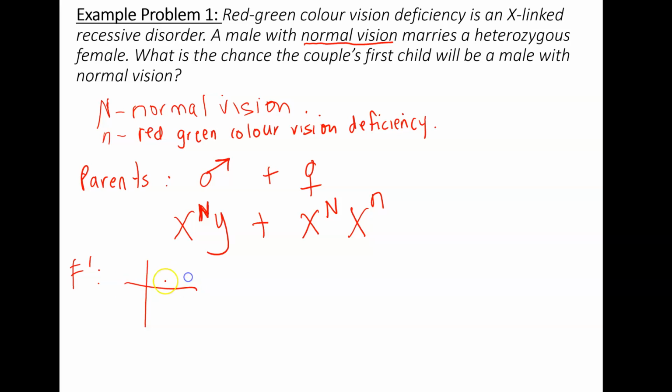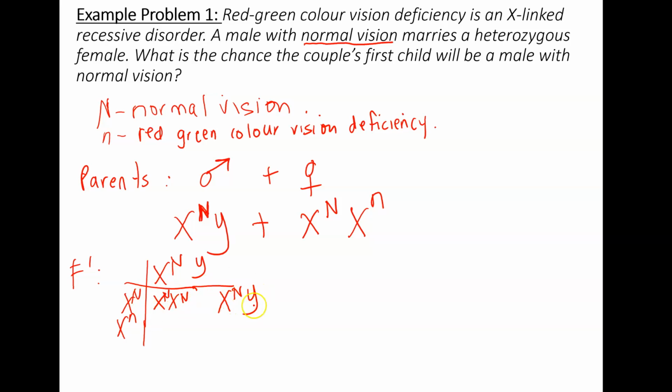So let's do the Punnett square to find out what genotypes and phenotypes will most likely be created by this cross of these two parents. The first child is going to be X big N, X big N, which is a normal one. And then the next is going to be a boy. This is a girl.